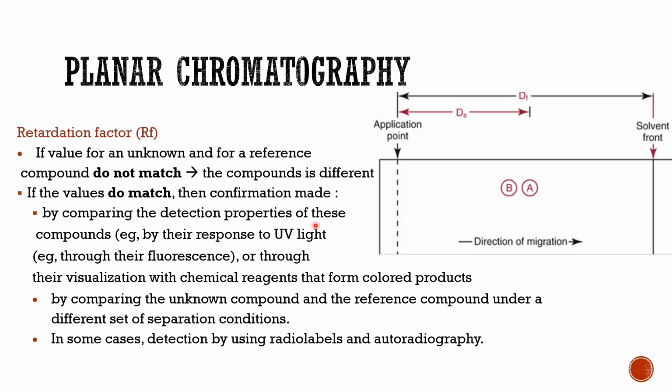Another way of confirmation is direct visualization by response to UV light, if that can give you a color, or you can add a reagent to make a colored product, or you make it fluoresce. Sometimes we can also add radiolabels and use autoradiography.